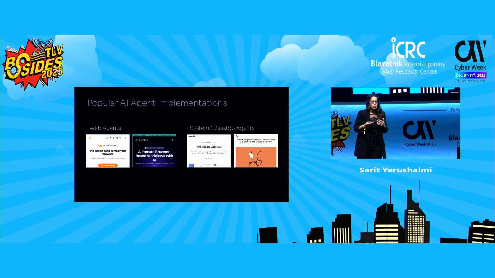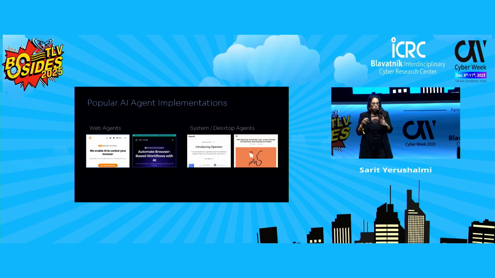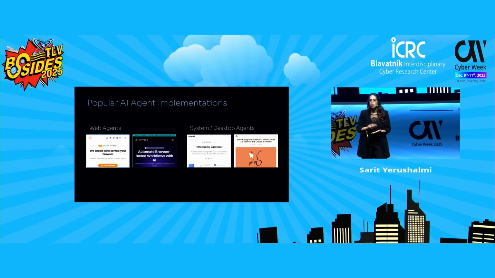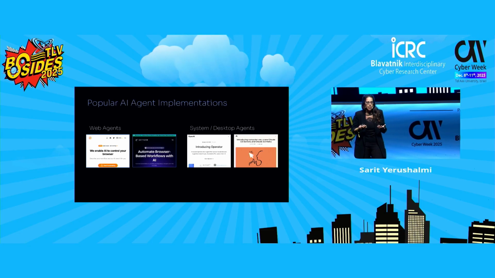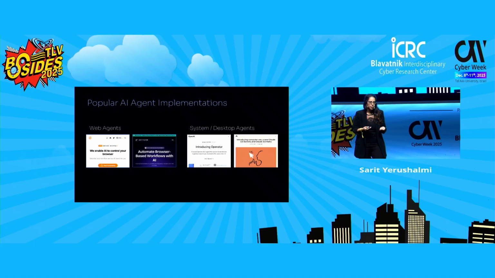We can say that the agent can move freely between the web and the local desktop. And it's great for productivity and for automation, but it also expands the attack surface, creating new ways for attackers to cross the boundaries.